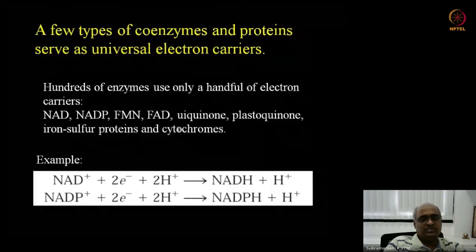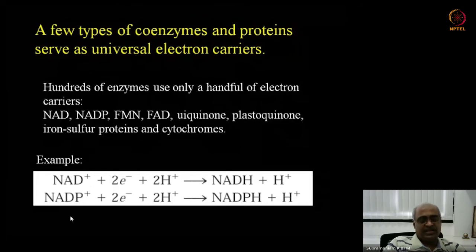These are like pigments, like the ones we have seen when we were learning about vitamin E, vitamin K, etc. At that time we learned about ubiquinone and plastoquinone, the same lipid molecules. So these are also familiar. When we see their structure, you will recognize them. So you have coenzymes and proteins. These are coenzymes and these two are proteins.